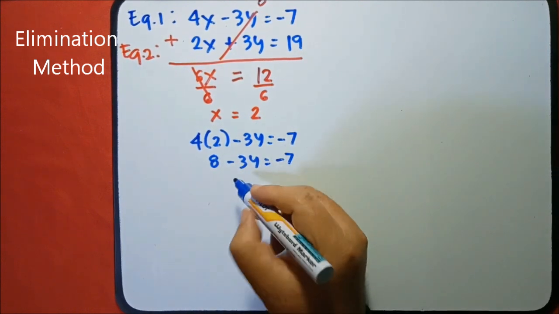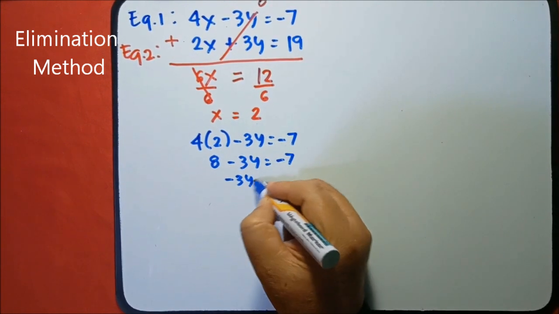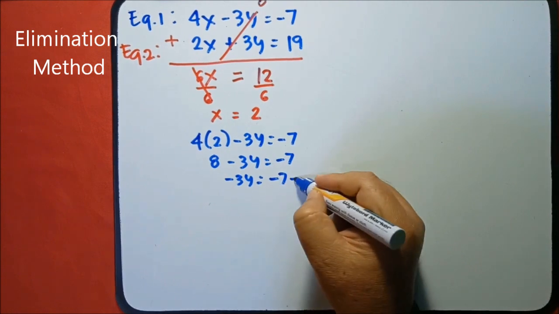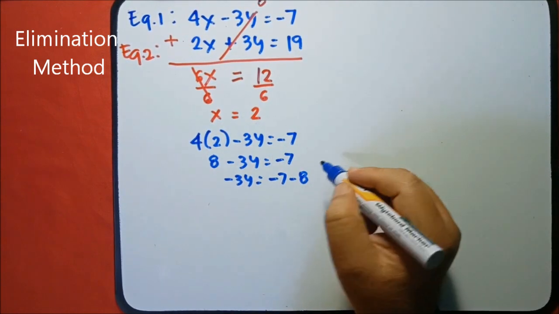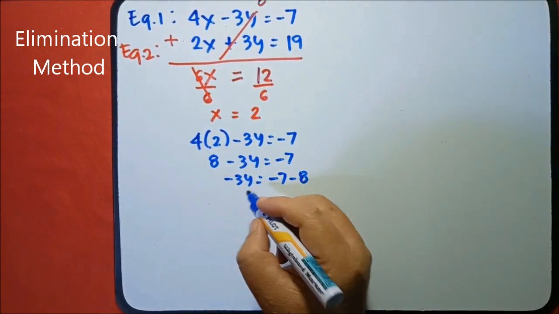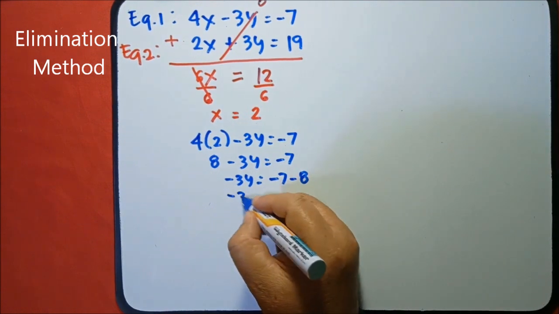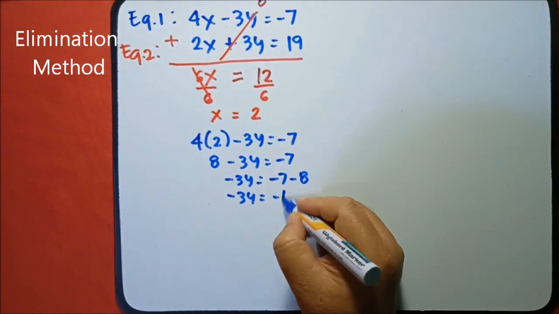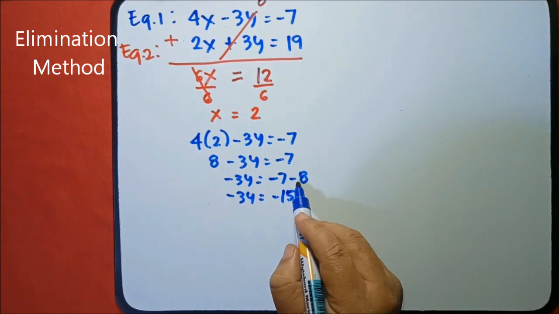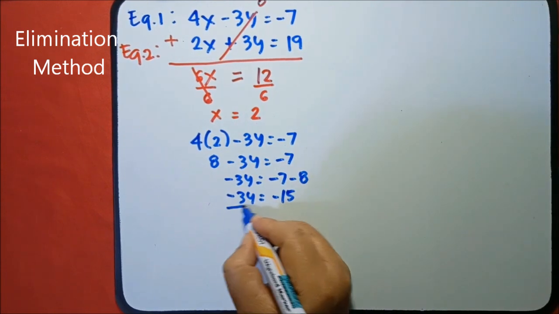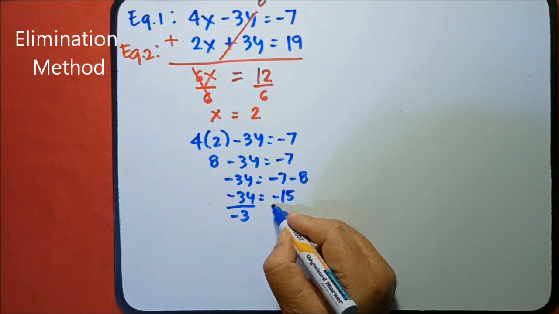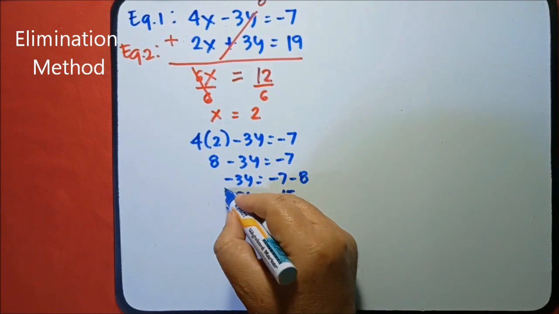Transpose 8 to the other side. This will become what? Negative 3y, negative 7, negative 8. No? Okay. Now, negative 3y will become negative 15. Negative 7 and negative 8 will become negative 15. Now, divide both sides by negative 3 para mawala itong negative 3.